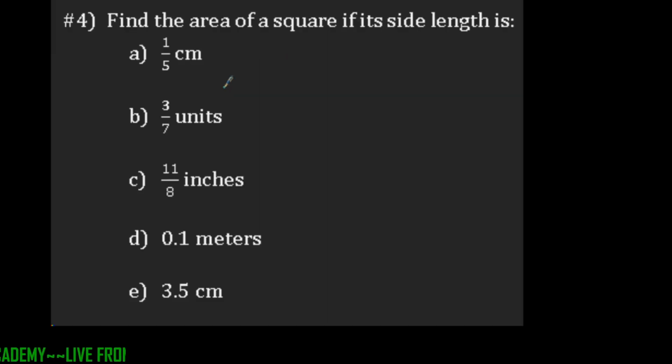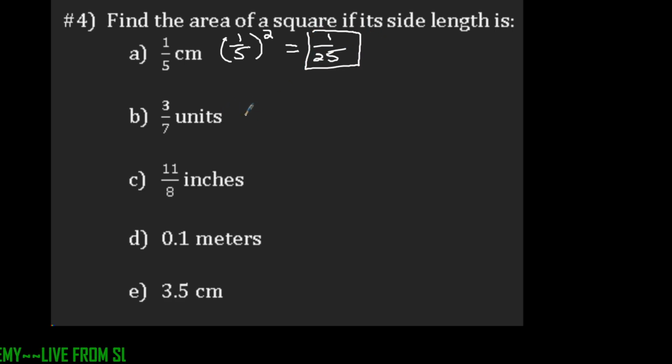And the last one, find the area of a square if its side length is given. So all we're doing for this one, when we find the area, is take this amount squared. So 1 over 5 squared is just going to be 1 over 25.